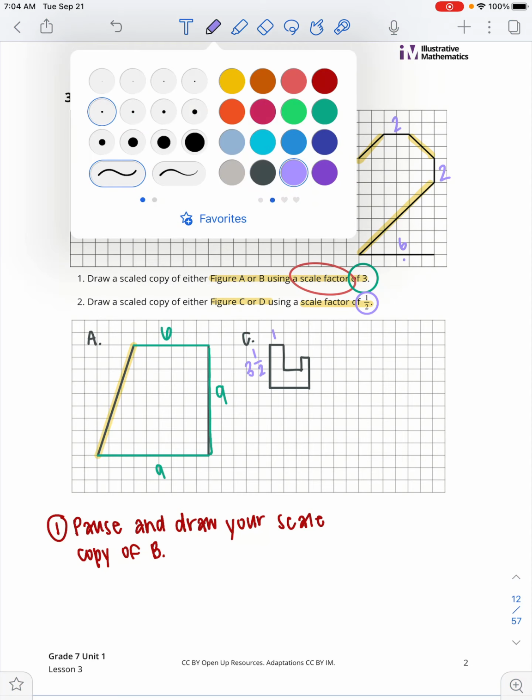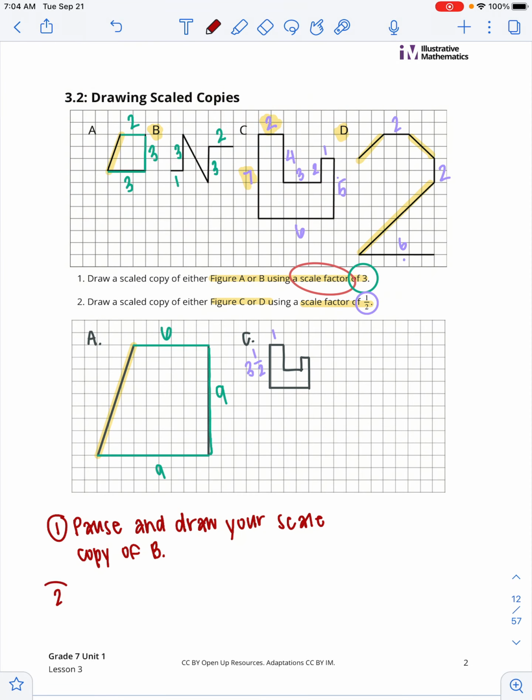So your next set of directions is to pause this video and draw your scale copy of D.